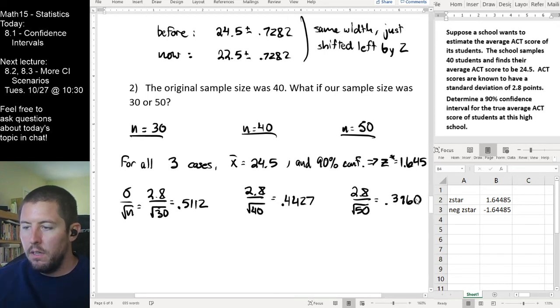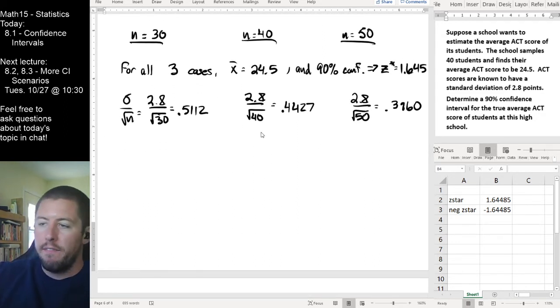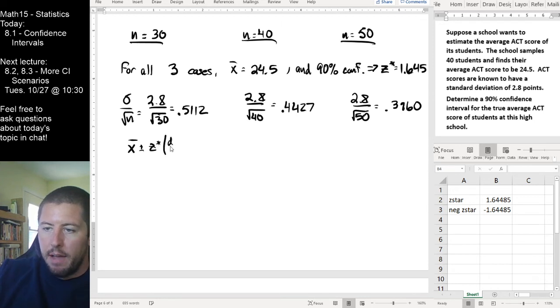I can now form 3 confidence intervals. For all 3, remember that we're looking for x bar plus or minus z star, the number of standard deviations, times the length of a standard deviation: x bar plus or minus z star sigma over root n. It's always our point estimate plus or minus our margin of error.